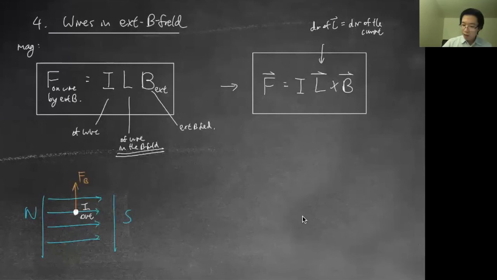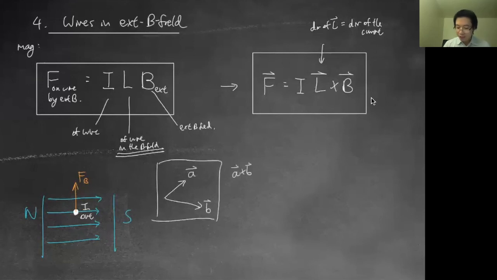A quick recap on how to determine the direction of cross products. If I give you two vectors, A and B, that both lie on the page, and ask you what's the direction of C, the result of A cross B. Cross products always produce a new vector that is perpendicular to both original vectors.